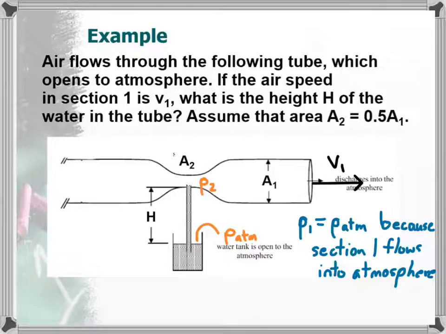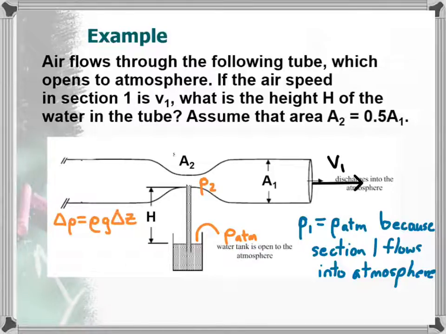And we have some sort of pressure P2 right here in this section, and that's what's causing this column of water to be sucked up into the tube, because there is a pressure up here, P2, that is less than atmospheric pressure. And if we go back to lesson A.1, we learned how pressure varies with height.